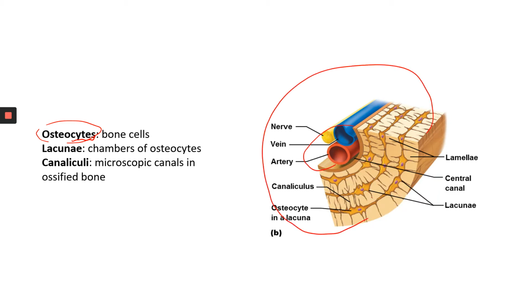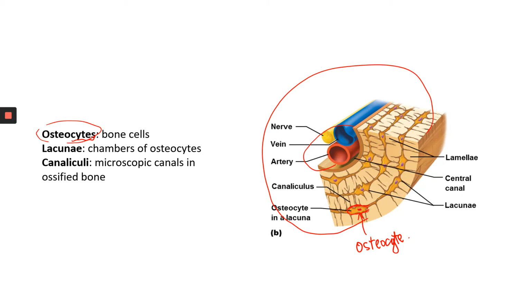In between two lamellae layers, you see a darker line. Each spider-like structure like this has a cell nucleus that you can actually see. This is one osteocyte.